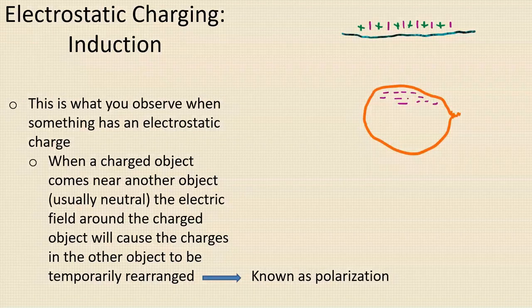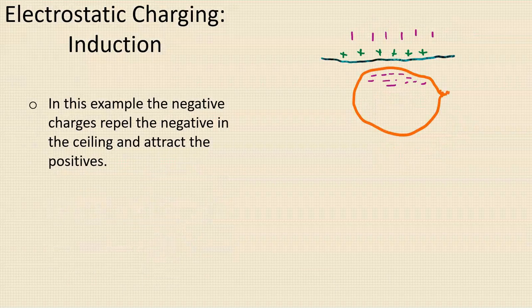So for example, if I take a balloon that has a negative charge built up on one side of it and bring it near the ceiling, notice the ceiling is neutral, with the same number of positives as negatives. If I then bring the balloon closer, the negative charges in the ceiling are pushed away because they're repelled, and the positive charges are attracted toward, or left behind near, the surface.